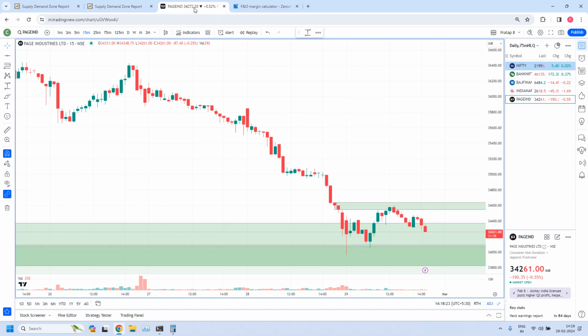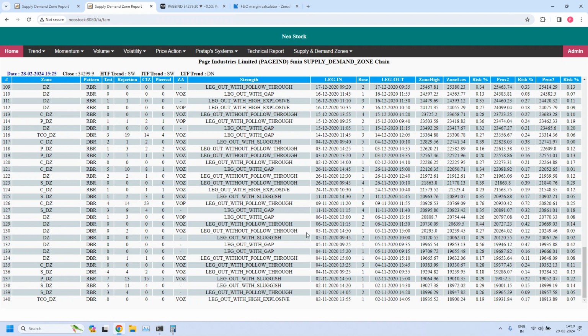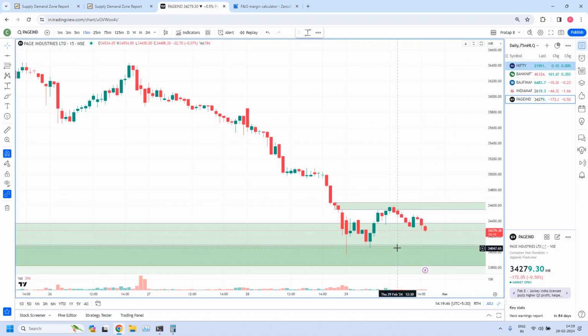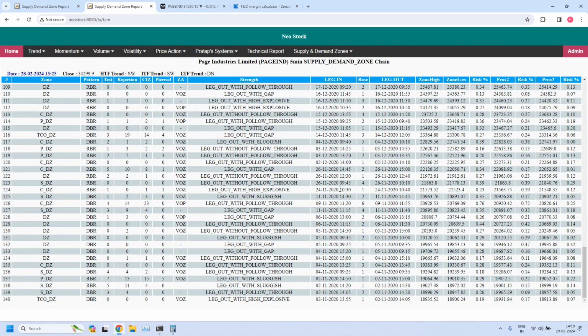So let's check whether there is any zone available within this area. 34065 is the high of this 15-minute zone. Do we have any 5-minute zone? So let us look into the zone high. What is the value? Sorry, I forgot immediately. Around 3465. So we need to check in this column, zone high, 3400.